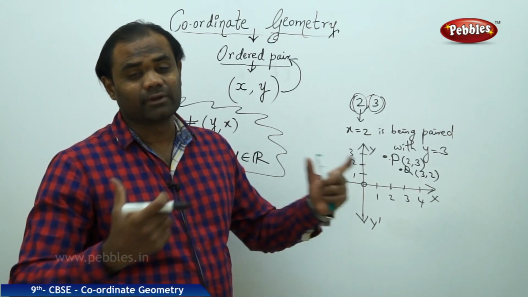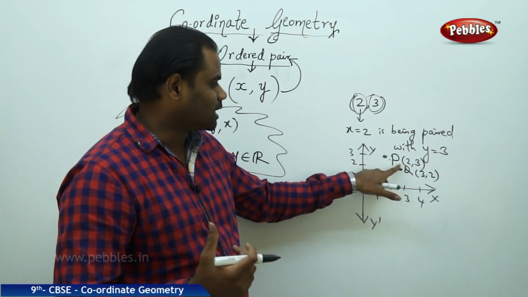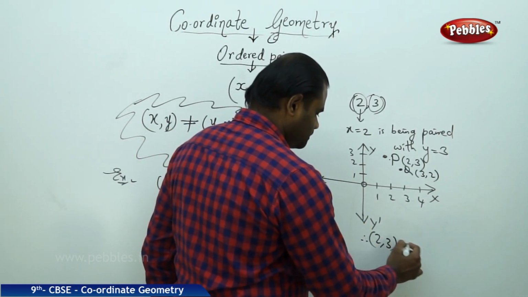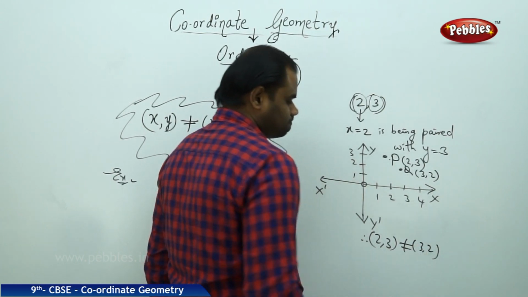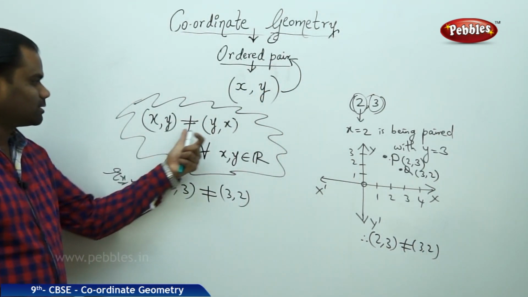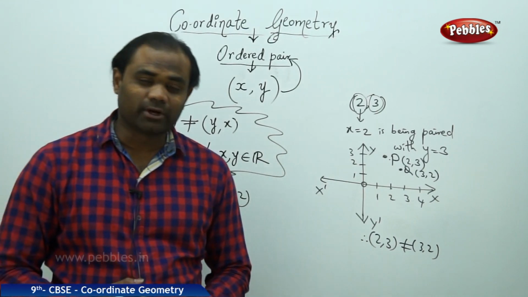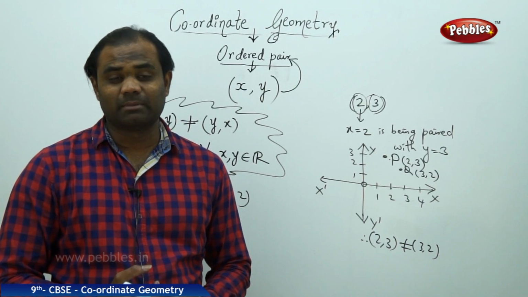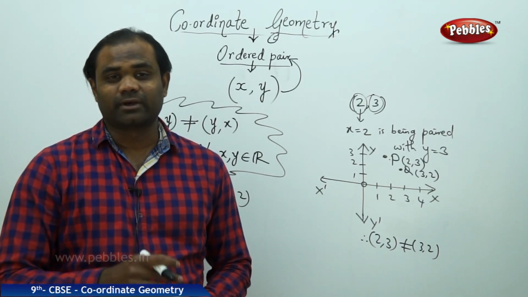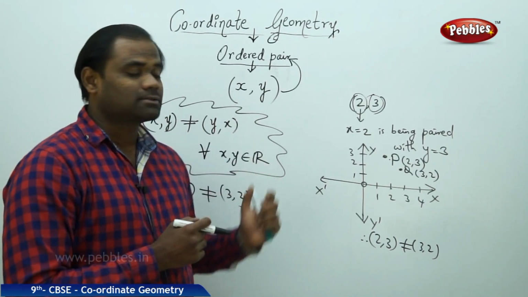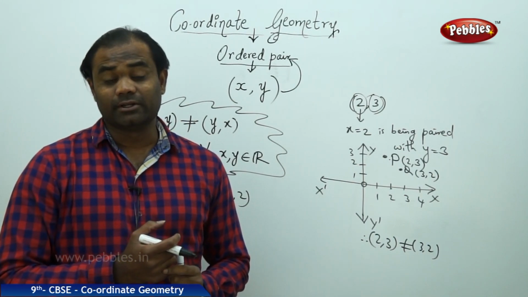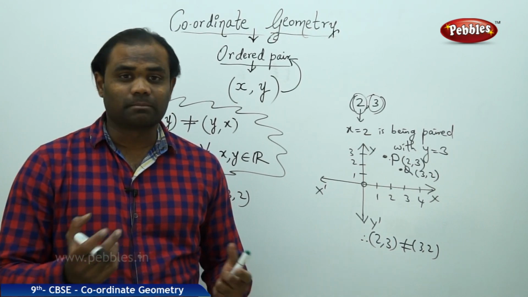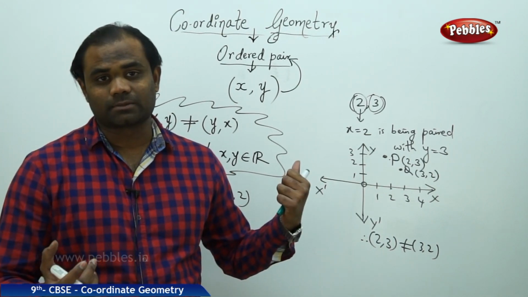They are different from each other, which clearly proves that (2, 3) is not equal to (3, 2). Therefore, (x, y) is not equal to (y, x). The 2 points are equal only when they are in order. (x, y) must be equal to (x, y), but (x, y) cannot be equal to (y, x). This is how I understand the definition of an ordered pair and its properties.